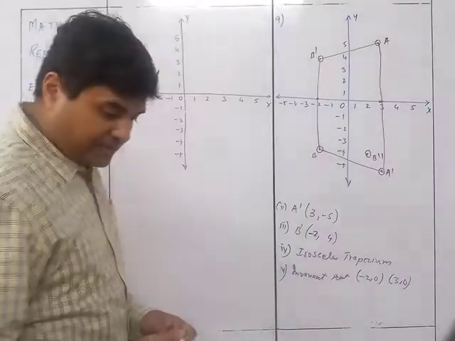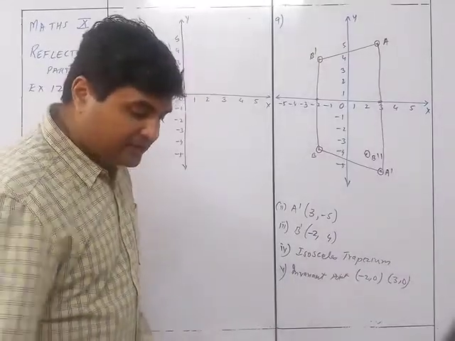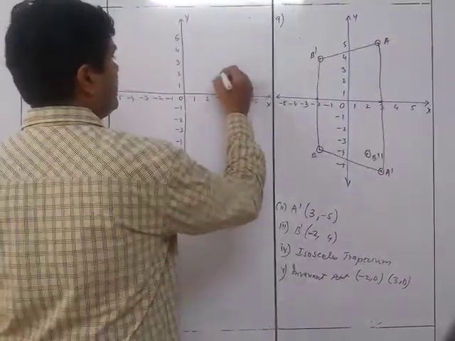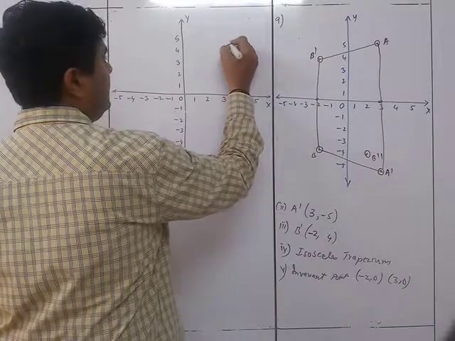Right, so let's see what is to be done. The point is 3, 4. So 3, 4 is this particular point P.